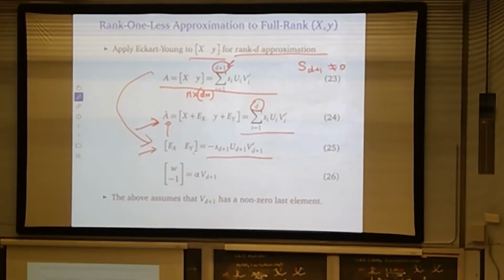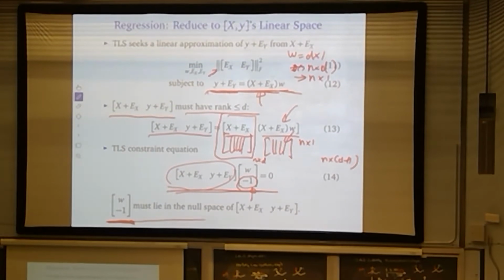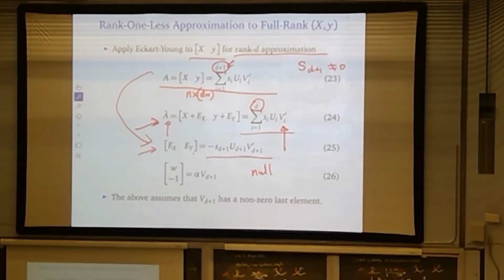And now this lives in the null space of this one, right? We know that W, minus 1 lives in the null space. Remember? This must lie in the null space of this, and of this one, in the null space of this. And we know V_{D+1} is perpendicular to any V_i, i from 1 to D, right?